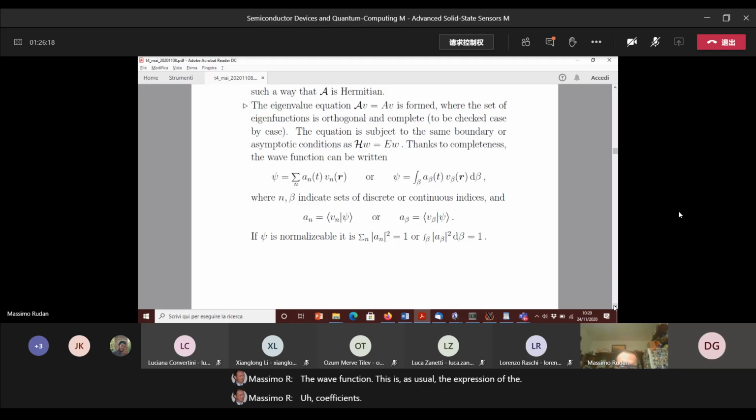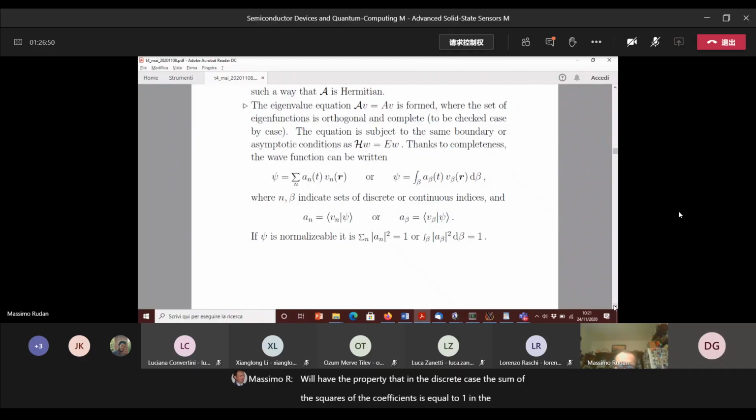If the wave function is normalizable, then its norm is equal to 1, and due to the Parseval theorem that you remember, also the norm of the coefficients will have the property that in the discrete case the sum of the squares of the coefficients is equal to 1.